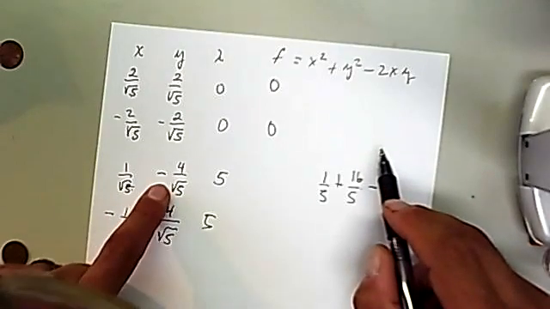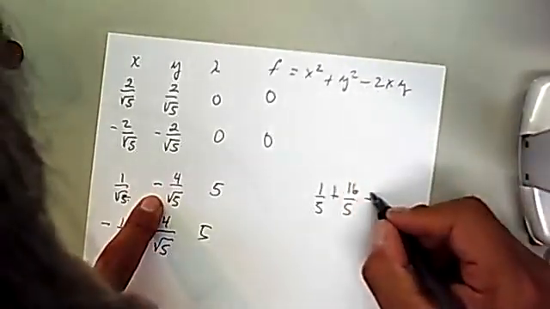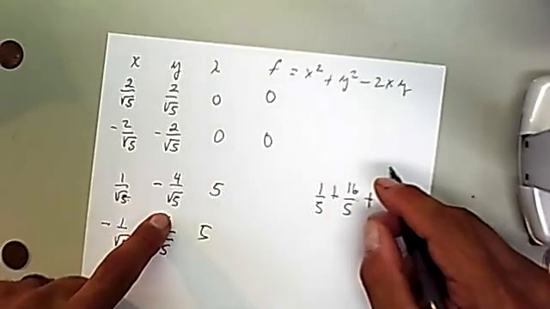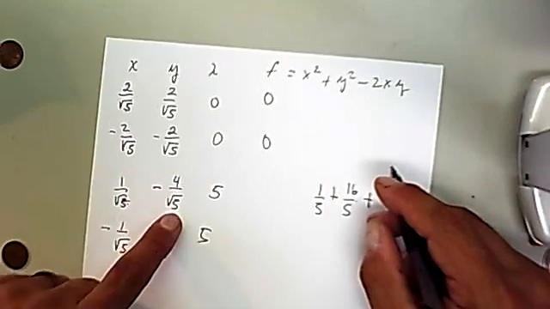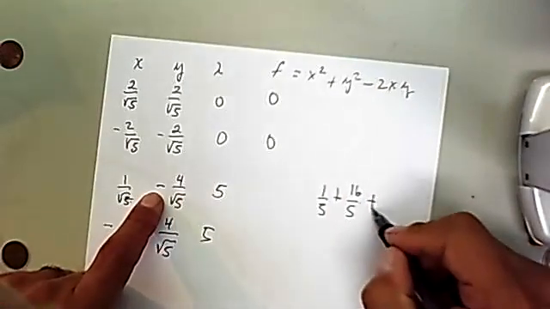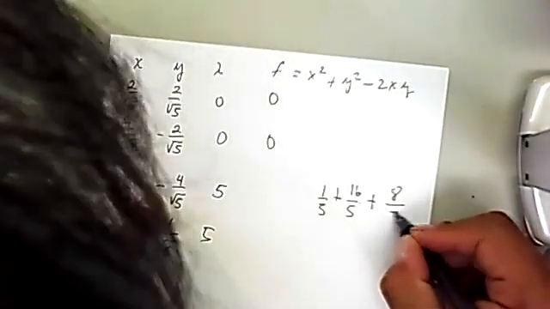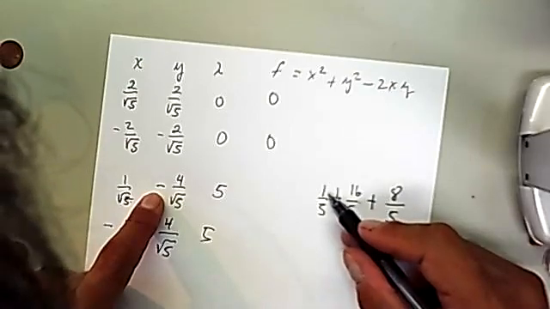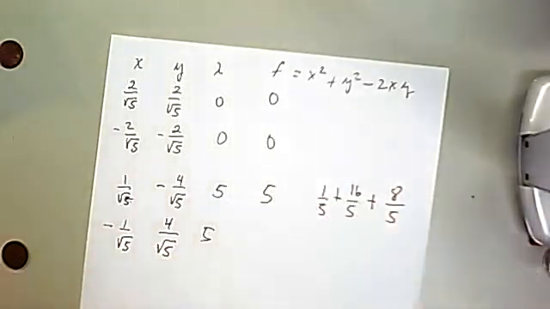Okay, so one of them is negative, so that means this negative and that negative are going to make a plus. Multiplying those two together, we're going to end up with 4 over 5 because 1 times 4 is 4. Root and root is just a 5. So 4 over 5, we already took care of the negative with the plus, but then we got to double that. So that is 8 over 5. So 8 and 16, 24, 25 over 5. So the output is going to be 5. That is a coincidence.